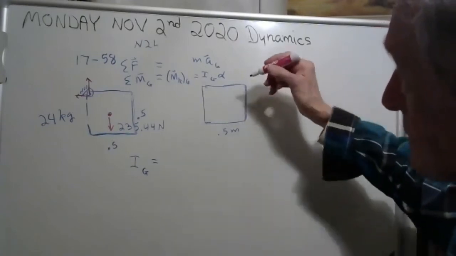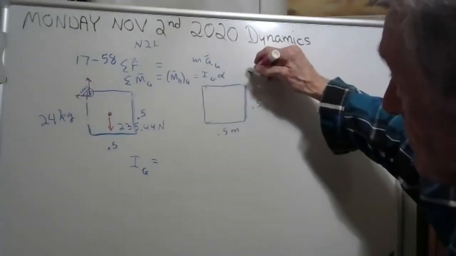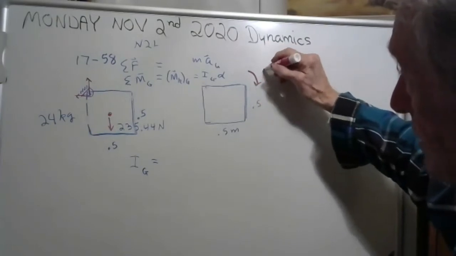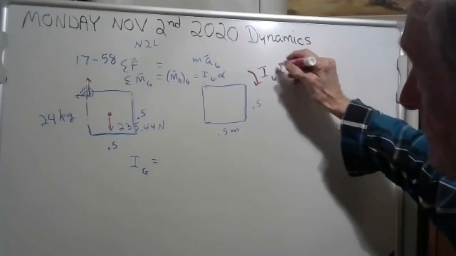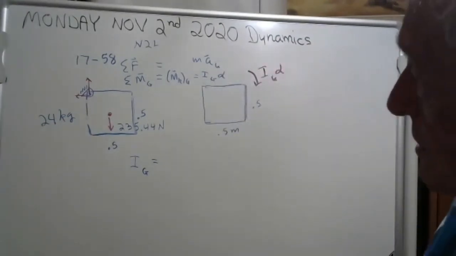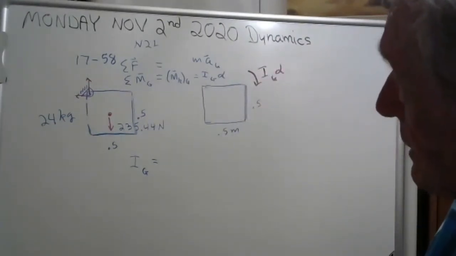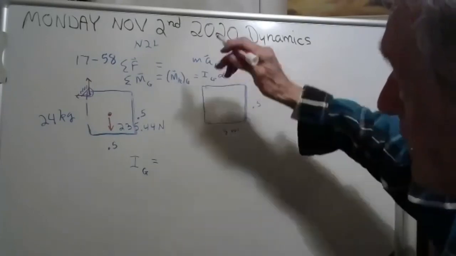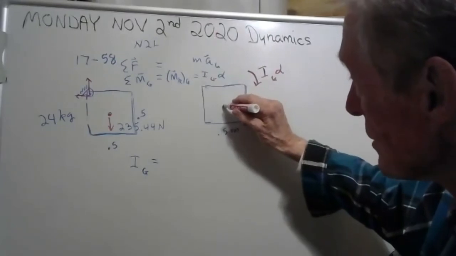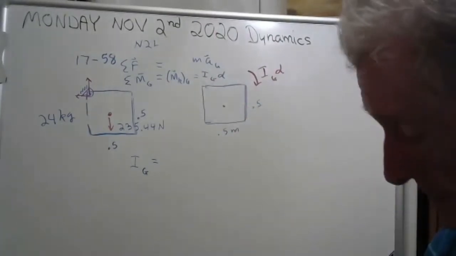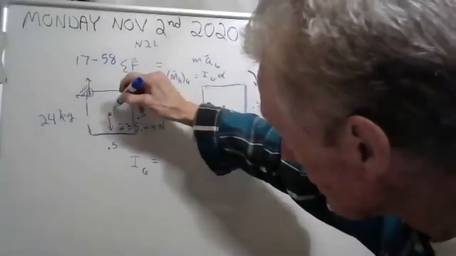By the way, this thing's going to rotate clockwise. So the I_G alpha is going clockwise, but there is an m a_G. I haven't done the m a_G yet. See, here's G right here. That's G.